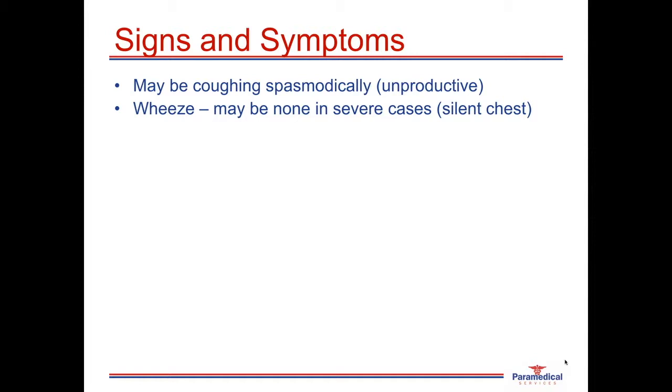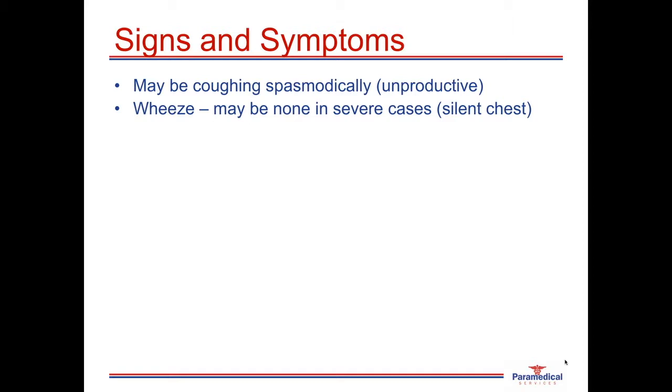In very severe cases, we can get what's called a silent chest. The silent chest means that when you auscultate with your stethoscope, you're not going to hear any wheezing, or it's going to be very, very fine and very minimal. People can mistake this as the patient actually starting to improve, or that their wheezing isn't really that bad, but it can actually mean the complete opposite.